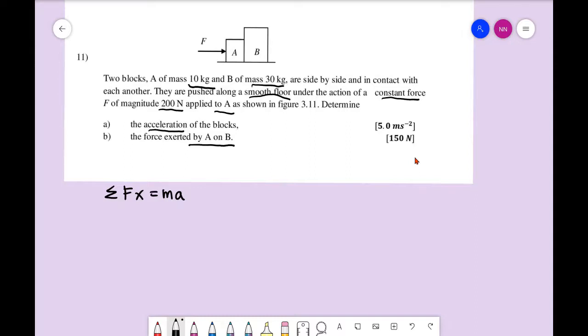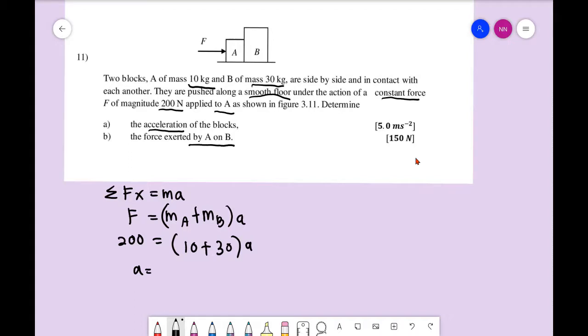For this system, there's only a single force F, and the mass here is the masses of block A and block B, and they will accelerate with the same acceleration A. So substitute force F 200 Newton and mass A 10 kg and mass B 30 kg. So you can determine the acceleration A.